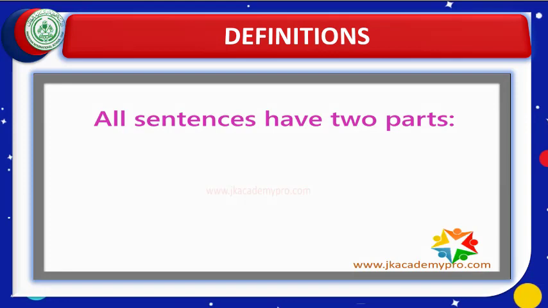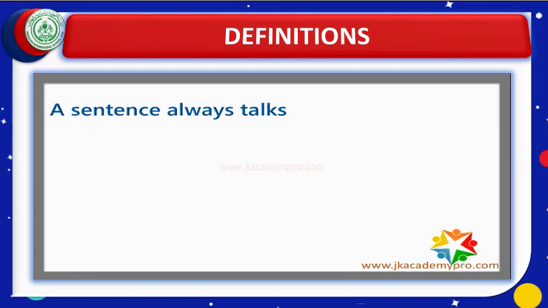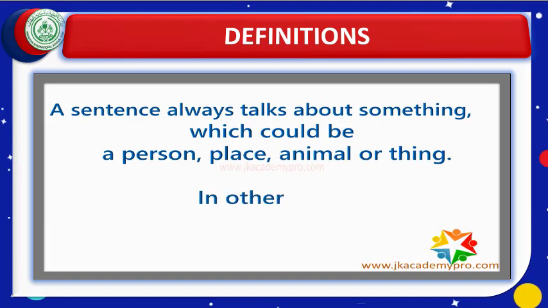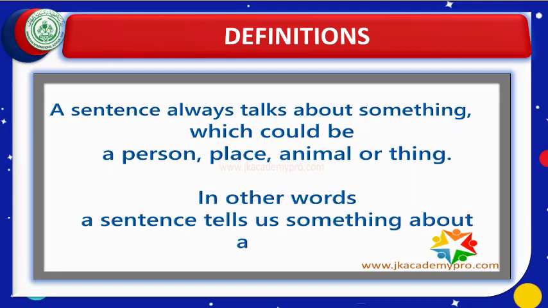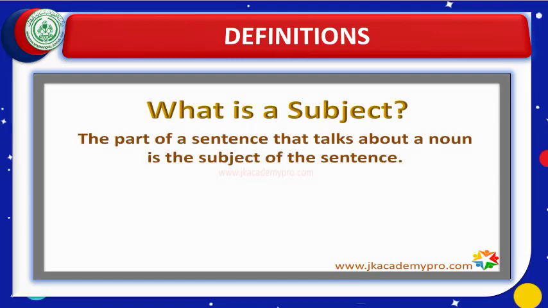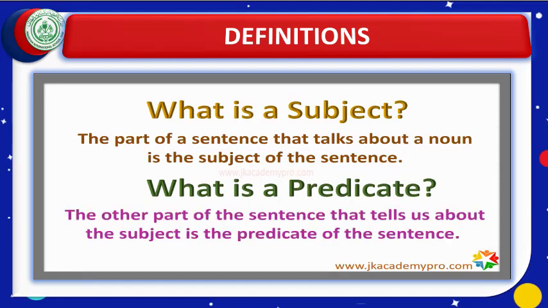All sentences have two parts, subject and predicate. A sentence always talks about something which could be a person, place, animal, or thing. In other words, a sentence tells us something about a noun. What is a subject? The part of the sentence that talks about a noun is the subject of the sentence. And what is a predicate? The other part of the sentence that tells us about the subject is the predicate of the sentence.